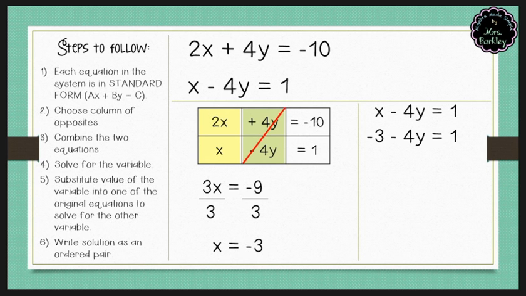So I'd have negative 3 minus 4y equals 1. So now we need to solve for y, so I'd add 3 to both sides and would have negative 4y equals 4. I would divide both sides by negative 4, and so my y value would equal negative 1. And then I would write this solution as an ordered pair, so I would have the ordered pair negative 3, negative 1.